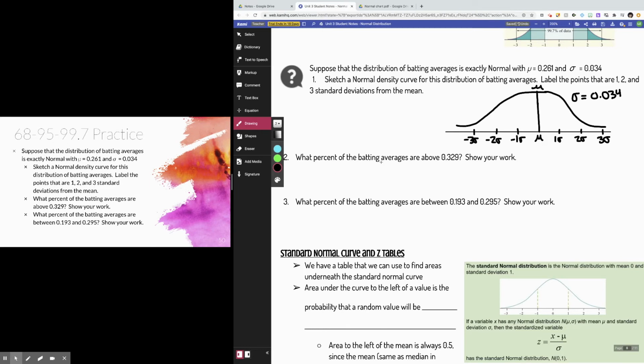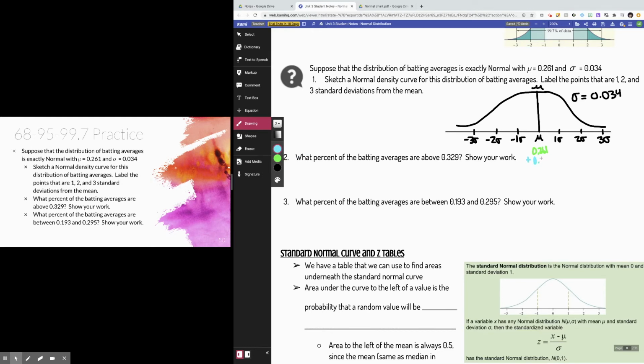Now we want to label these with the numbers that we have. I know my mean is 0.261. To go up and to the right to get the values 1, 2, and 3 standard deviations up, I add the standard deviation to this number.